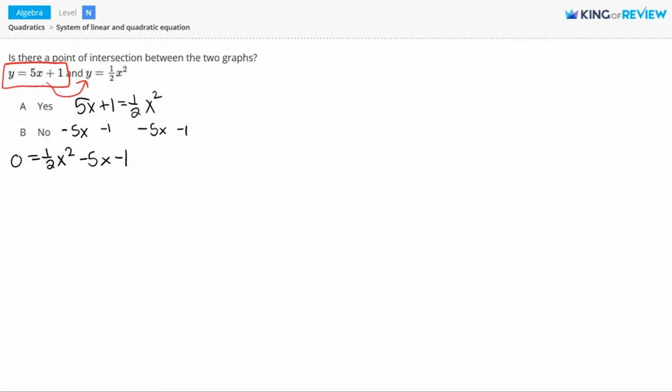This equation is now in the following form: 0 equals ax squared plus bx plus c. When we have an equation in this form, we can solve for x using the quadratic equation.